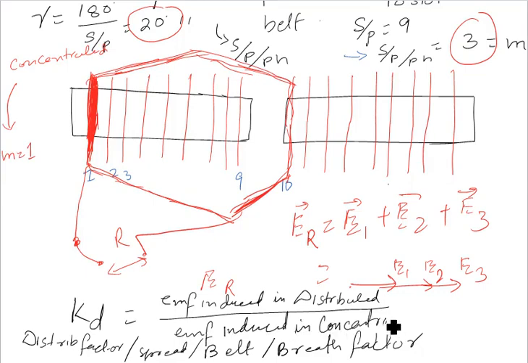Or, the EMF induced by vector sum upon the EMF induced by arithmetic sum. Okay, so this is the whole picture. In the next lecture we will discuss the calculation. I hope it is clear.